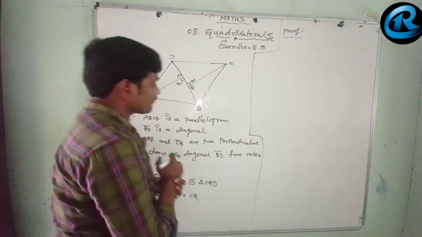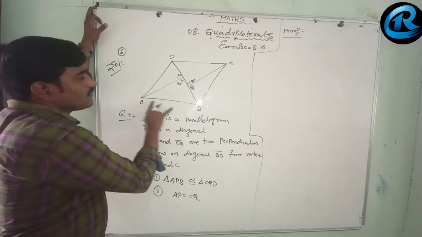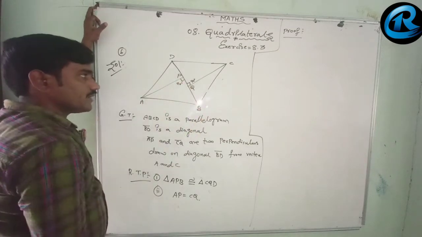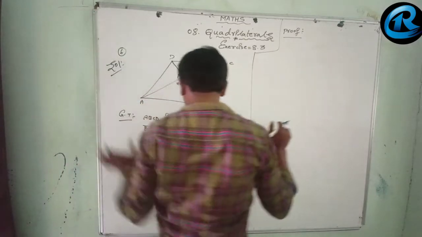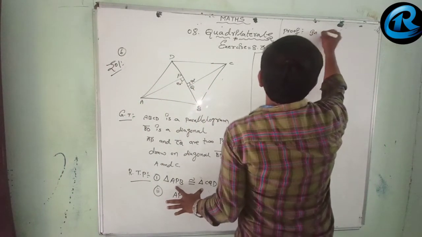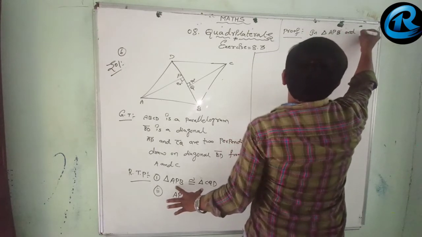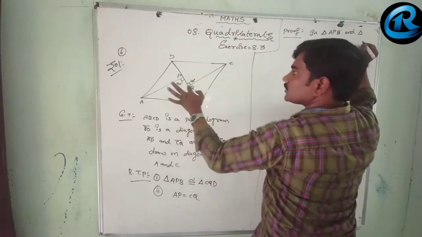Now here, first let us take triangle APB and triangle CQD. We have to show these two triangles are congruent.